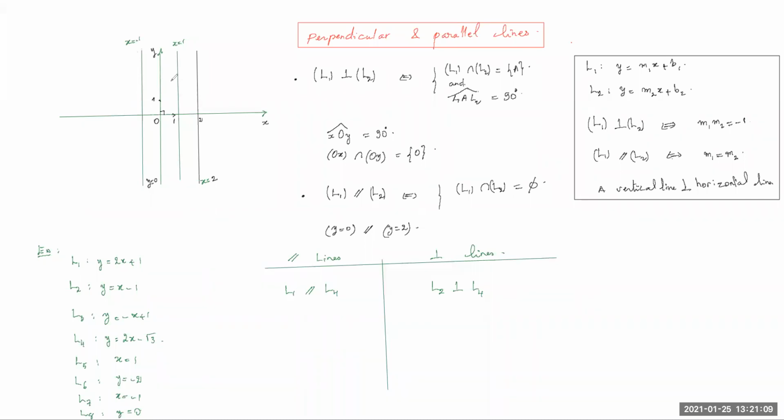They are at the same distance from the y-axis, which is 1 unit. So we can say that L5 is parallel to L7.